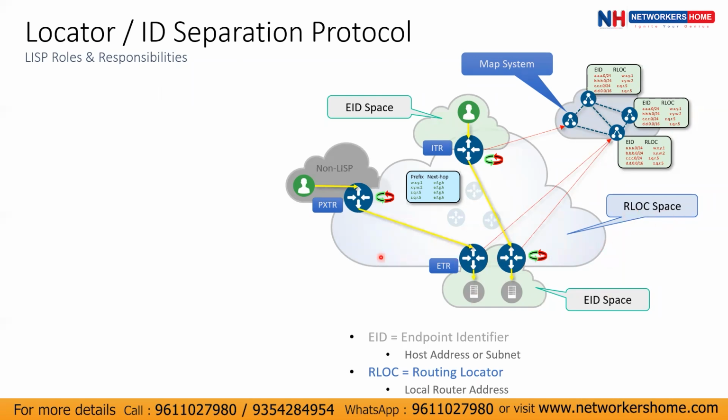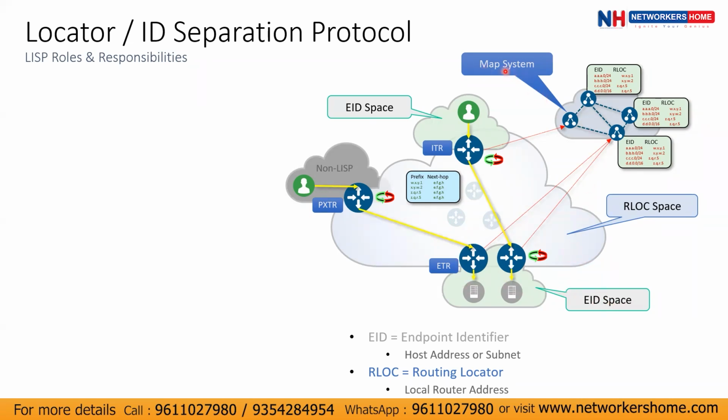This cloud in the background is the fabric, and all of my loopback 0 addresses are reachable to each other. That is my RLOC space. The EID space would be here: any device connected to the fabric edge node, the access nodes, that particular space is known as the EID space. So we are actually separating these two spaces, right?